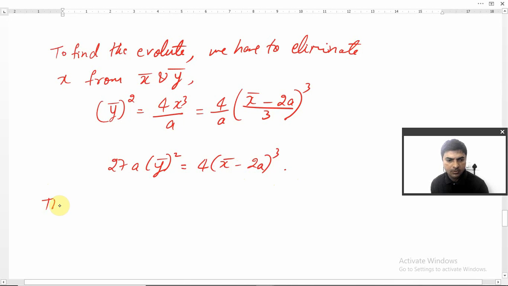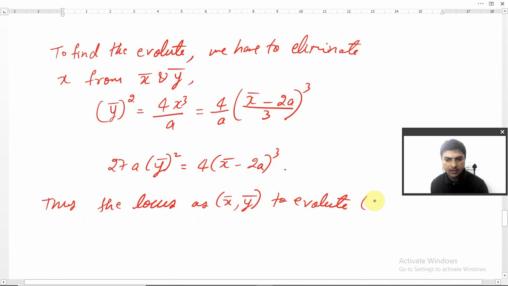So when you take the locus of point as x bar, y bar, if you convert this to the evolute, taking x comma y, the same equation can be written as 27a y square is equal to 4x minus 2a cube. So this is a very simple example we have done.